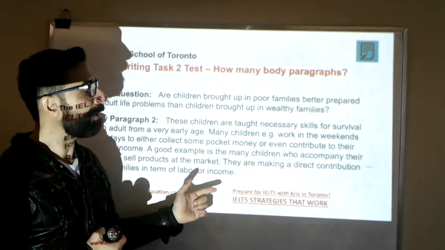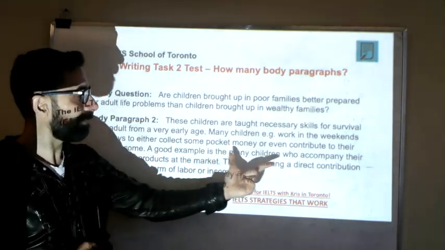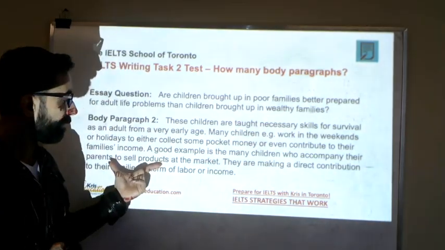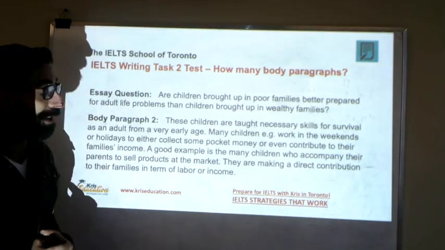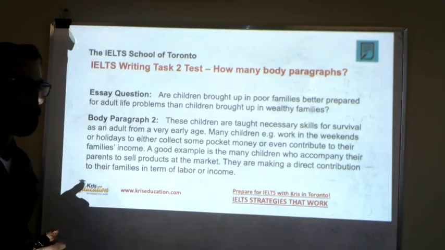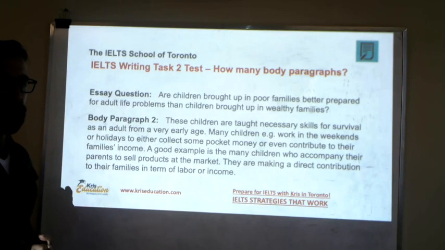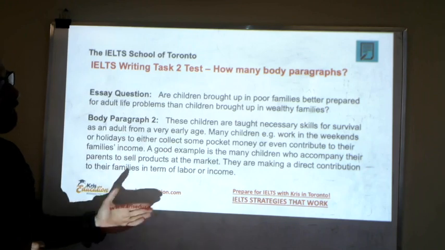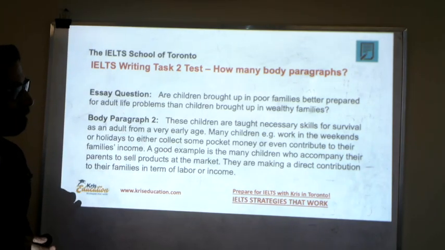And if possible, give practical examples again, like in this case. I am emphasizing, I'm saying it again, practical examples are very important because they improve your coherence. They make your text easy to be understood by the examiner.